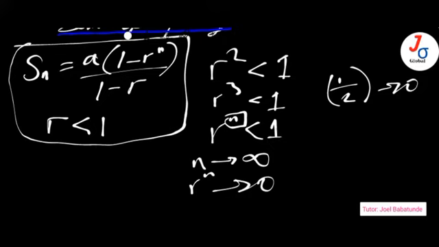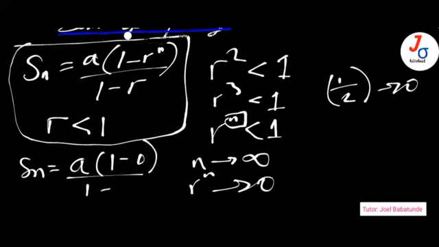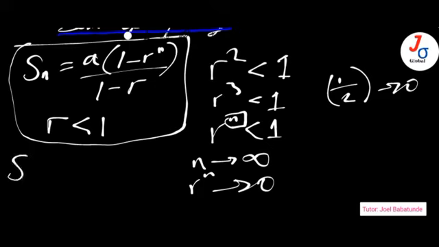And if that's the case, Sn will then be A into 1 minus 0, because this will tend towards 0. Let me write that properly. S tends towards infinity.